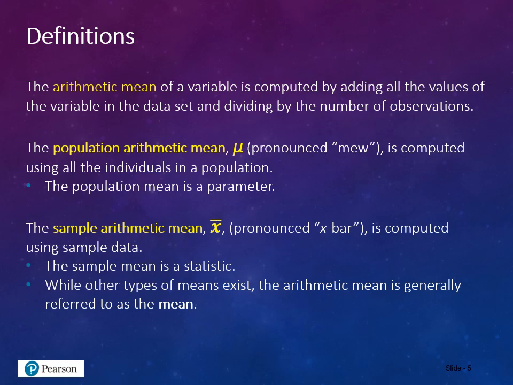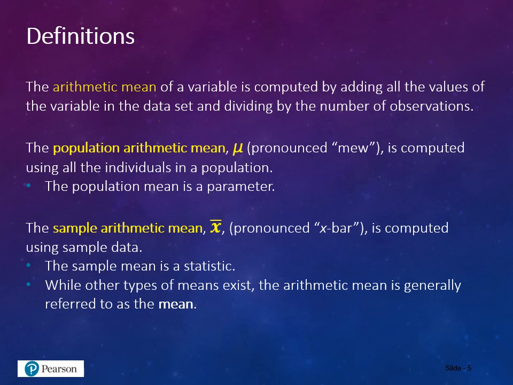The sample arithmetic mean, pronounced X bar, is a letter X with a bar on top. The sample arithmetic mean is computed using sample data. So we have a population arithmetic mean if we have all the data on the population, and if we do a study of part of that, we use a sample.